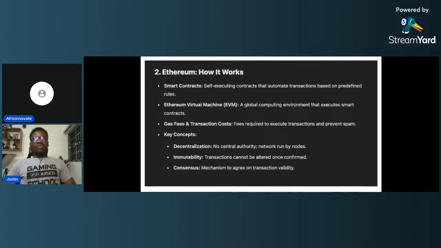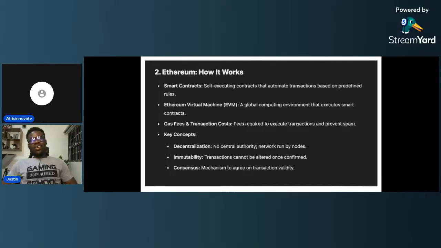All right. So I also have another part of it, which is the EVM, a global computing environment that executes smart contracts. Just like most of us who are into DevOps and setting up systems, we have what we call virtual machines. That's the technology that drives all these Dockers and all that.